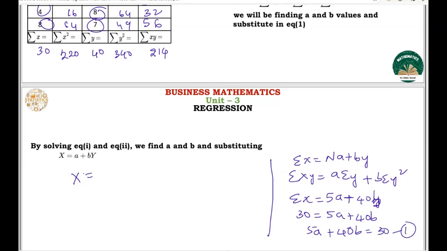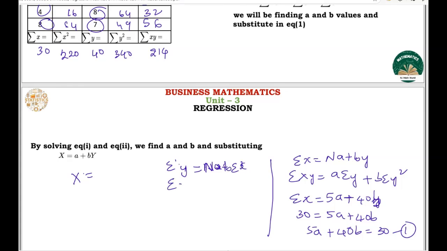Then if you take the other formula, the second one you have is sigma y equals na plus b sigma x.